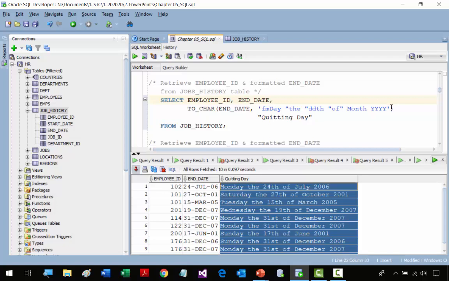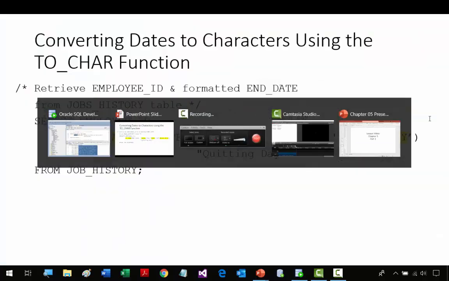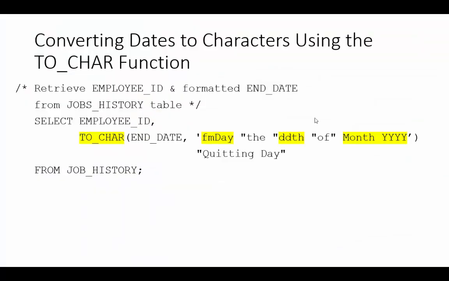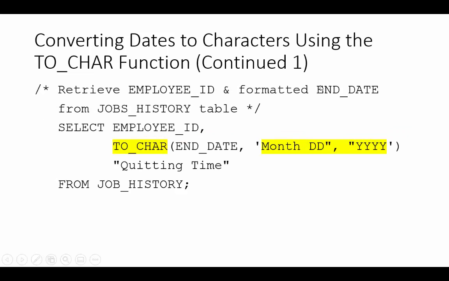Okay, so this is the mask we use, and this is the function that we use. So we're converting a date value into a character string. Now we convert a date to character using the TO_CHAR.